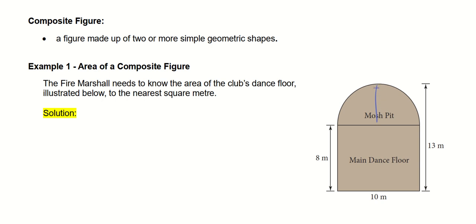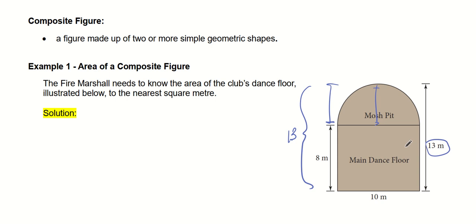However, I do know that the whole thing from here to here is 13, and from here to here is 8 meters. So remember, the whole thing is 13 meters.